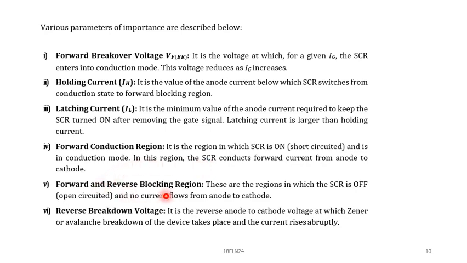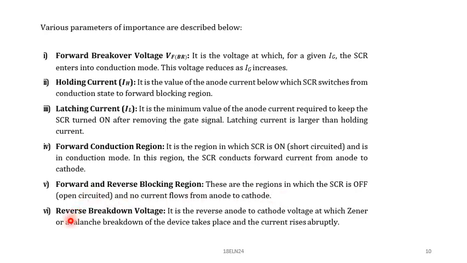And forward and reverse blocking region: these are the regions in which the SCR is off or open circuited and no current flows from anode to cathode. So in both conditions, the SCR is in the off state, either in the reverse blocking region or forward blocking region. It is mentioned in the graph. One is in the reverse characteristics, the other below that is the forward characteristics, that is the forward blocking region.